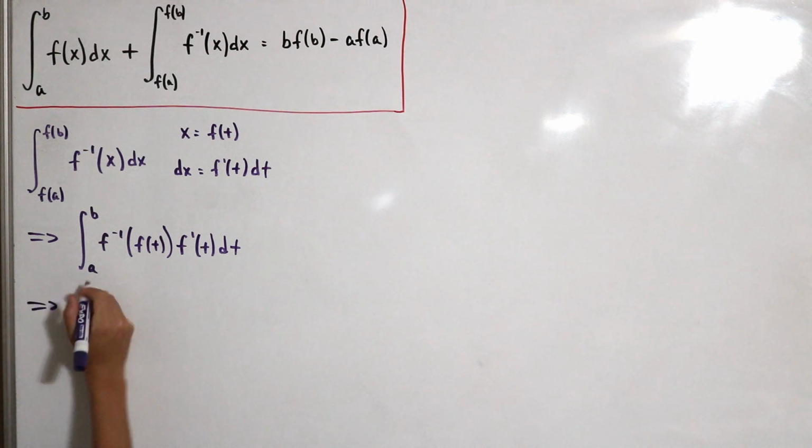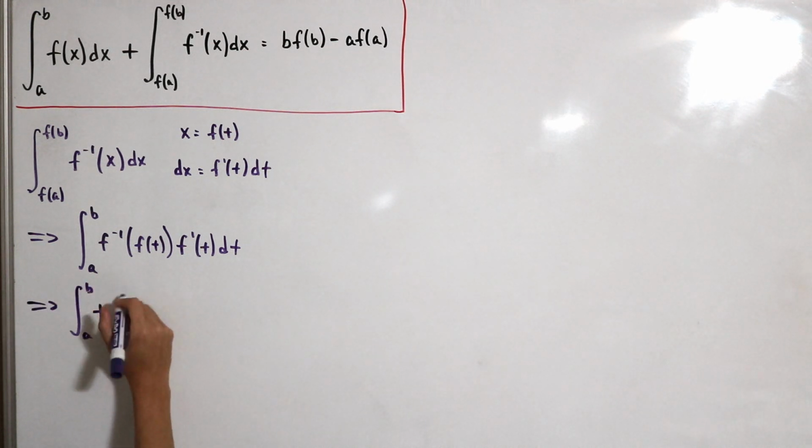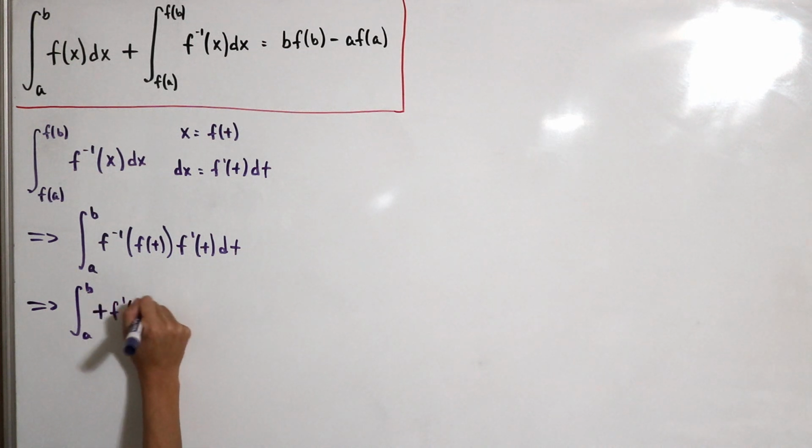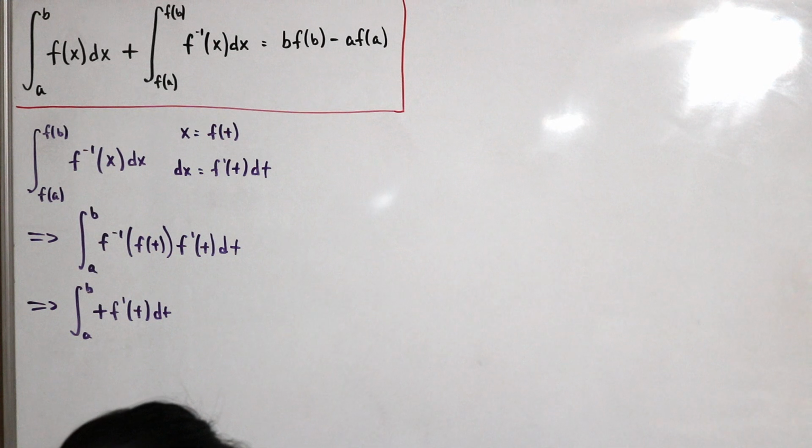So now our new integral from a to b is t times f prime of t dt. From here we can perform an integration by parts.